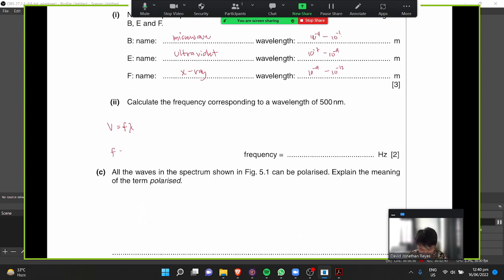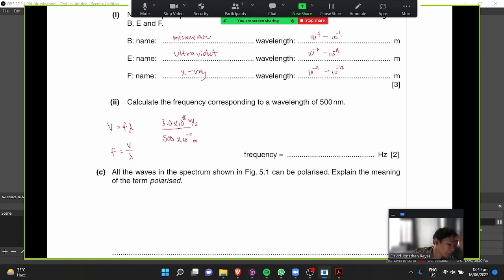So that's f equals v over lambda. v here would be the speed of light, which is 3.0 times 10 to the 8 meters per second, while the wavelength would be 500 times 10 to the negative 9 meters.